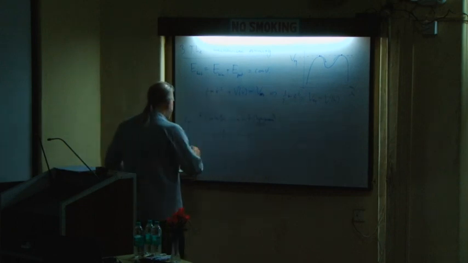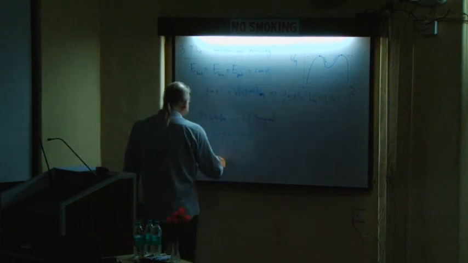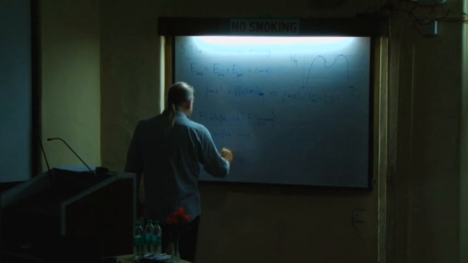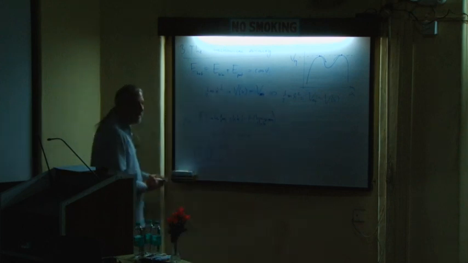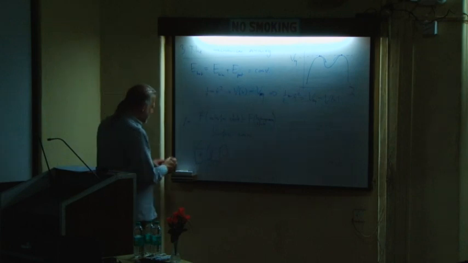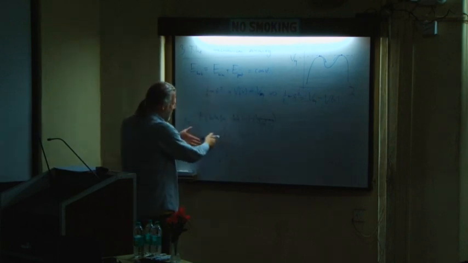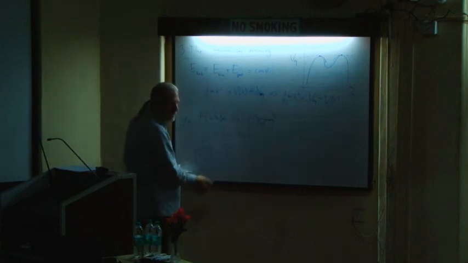So what does it mean if I have a system like this, a three-dimensional system, and I have an interface here? So here, say here's the plus phase and here's the minus phase. Of course, I have to calculate the free energy of this whole system. So I have a volume integral.